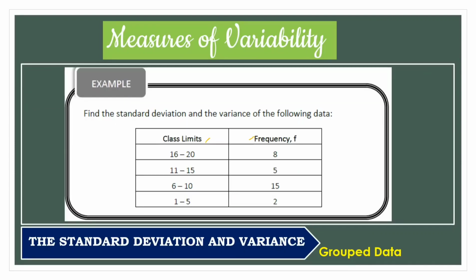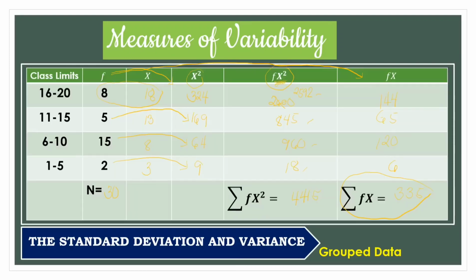Okay, here is the example. We find the standard deviation and variance of the following data. How do we do that? We follow the steps. In following the steps, we will obtain all of these values.